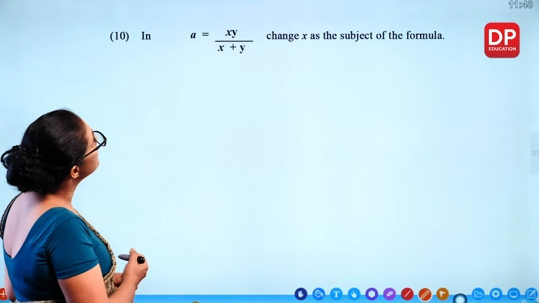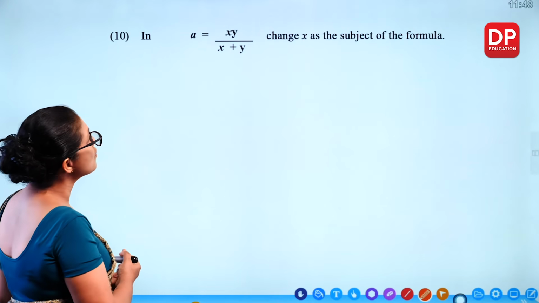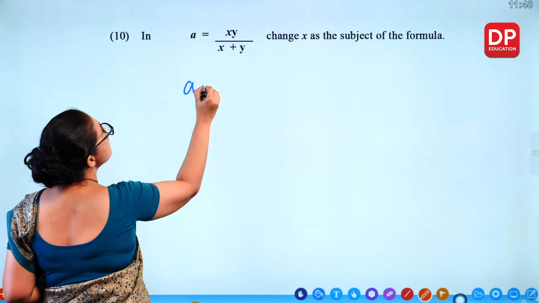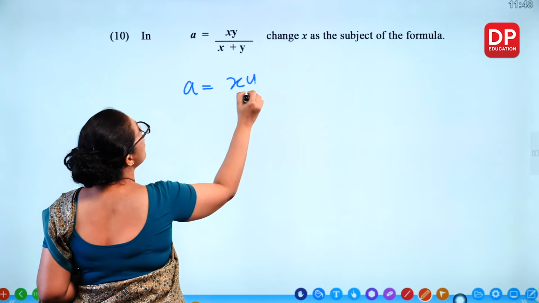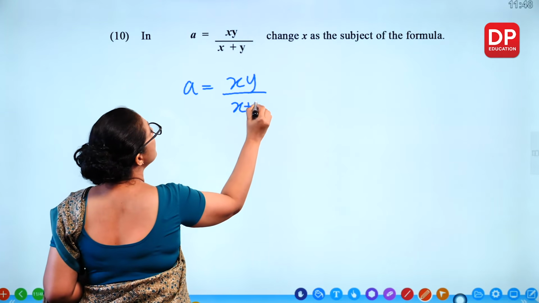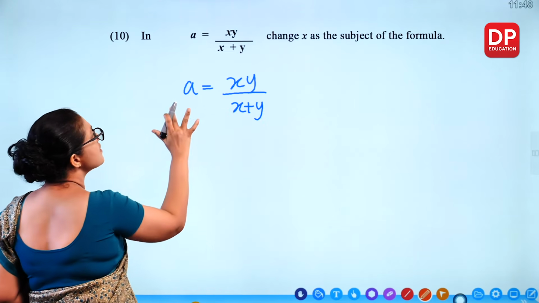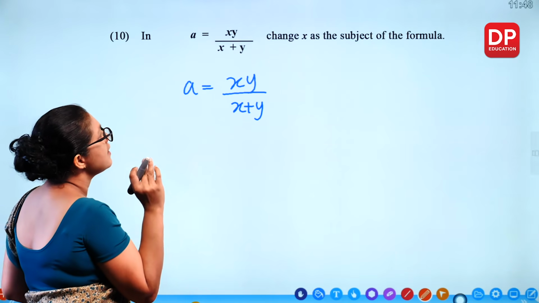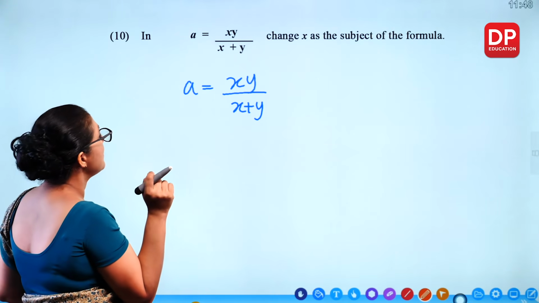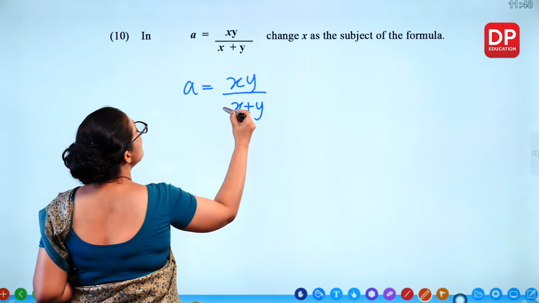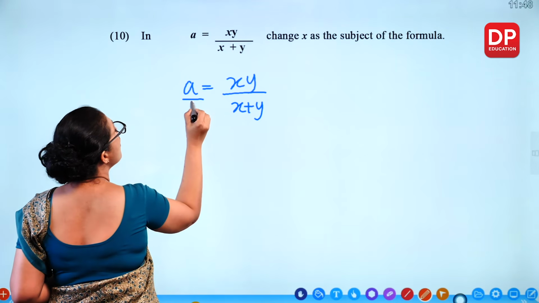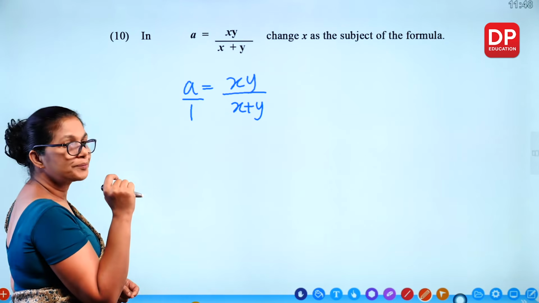In A equals XY over X plus Y, change X as the subject of the formula. Now here you have to first cross multiply and take all X terms to one side. So when you multiply, think about this as over 1.